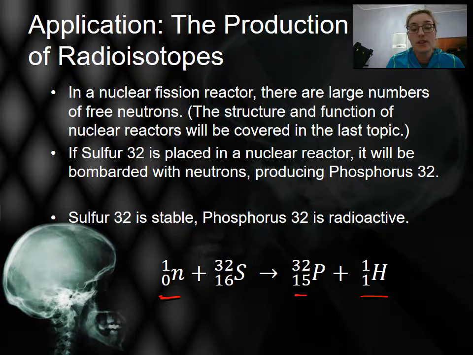So we can see there that we had an additional neutron and a sulfur 32, and what has been emitted is 1 extra proton, or hydrogen nucleus. So everything is balanced there, and we've gone from a sulfur 32 to a phosphorus 32.